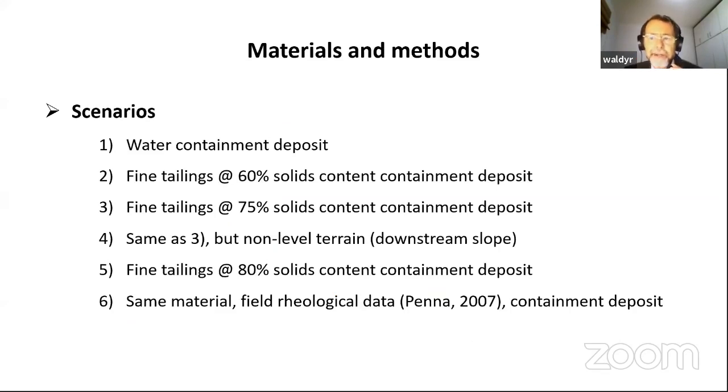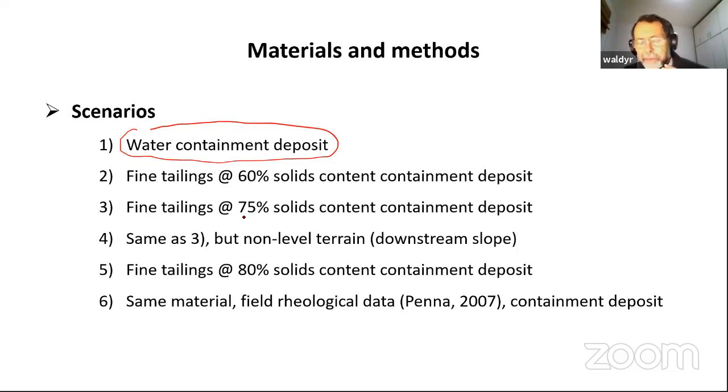So these are the scenarios. We start with something that will be familiar for the hydraulic guys: dambreak, which in the past was just performed for a water reservoir. So we start with this as a reference. Then we move to a tailings deposit that has a 60% solids content.